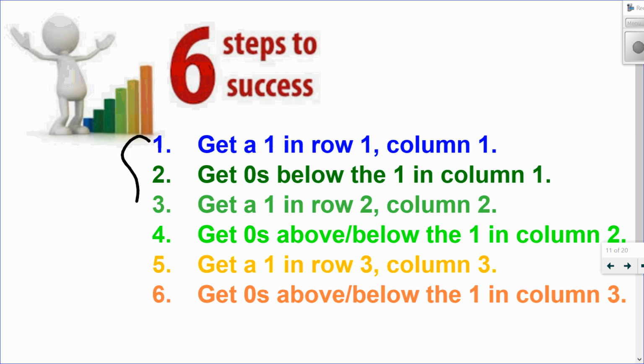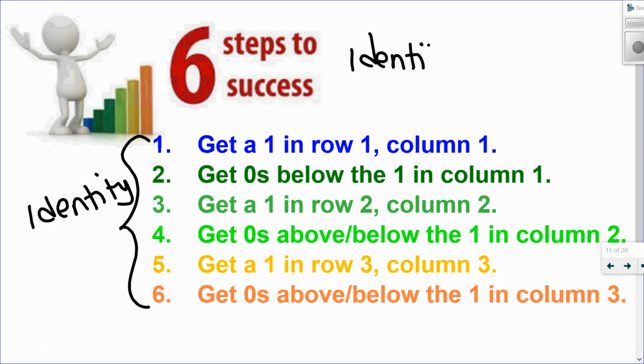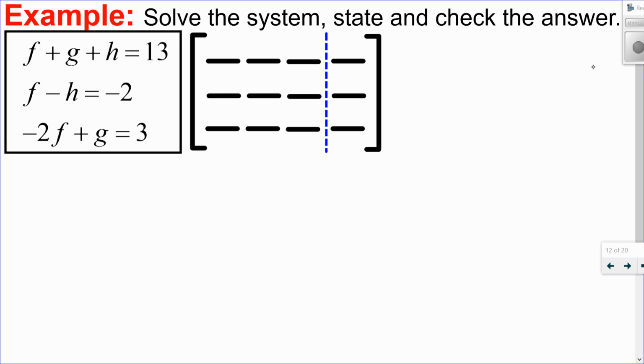So essentially what you are doing is you are trying to create the identity matrix to the left of the dashed line. Okay, because what we want is the identity matrix, and then after the dashed line is the solution, which will be a column matrix. That's our goal. Okay, let's go ahead and try this.